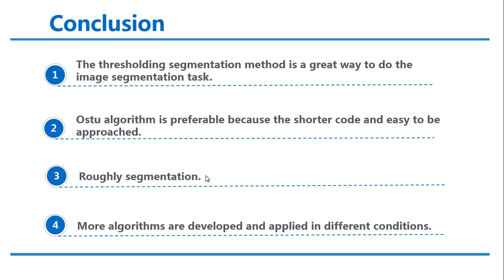This is the conclusion I got. The threshold segmentation method is a great way to do the image segmentation task. The result of the iterative threshold algorithm is almost the same as the Otsu threshold selection algorithm, and I think the Otsu algorithm is preferable because of its shorter code and ease of use.